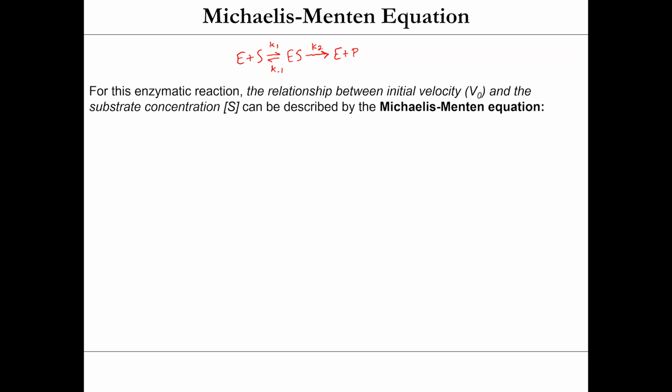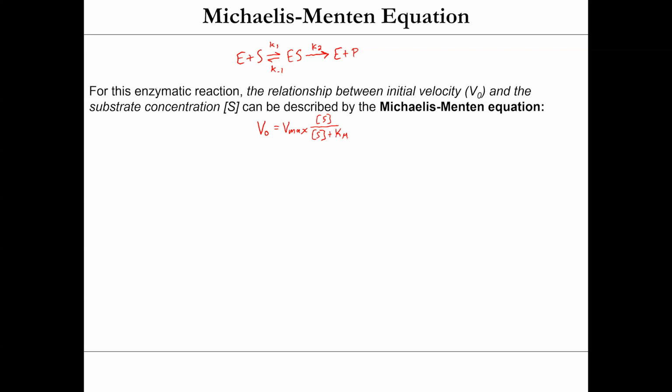The Michaelis-Menten equation is v sub 0, the initial reaction rate, equals Vmax, which is the maximum velocity of the reaction, the point at which it plateaus and the enzyme can't convert substrate to product any faster, multiplied by the substrate concentration over the substrate concentration plus Km, which is called the Michaelis constant, and we'll talk about this a bit more shortly.